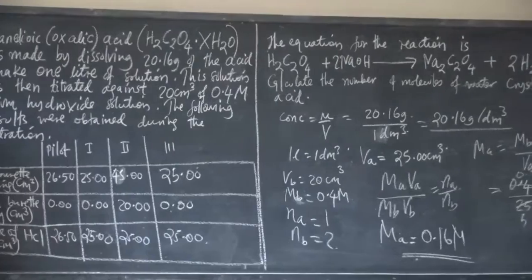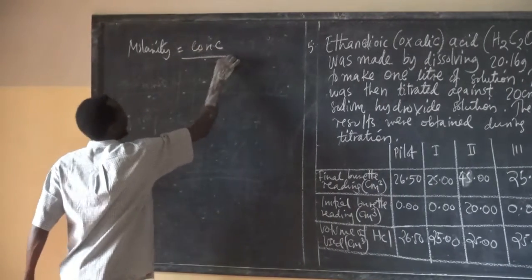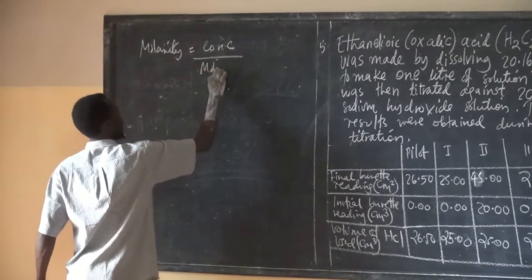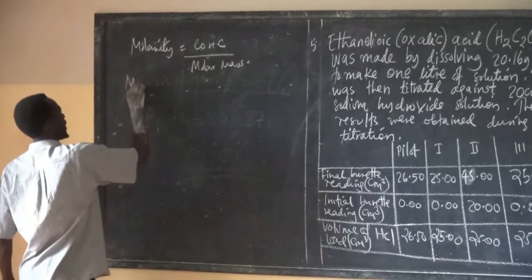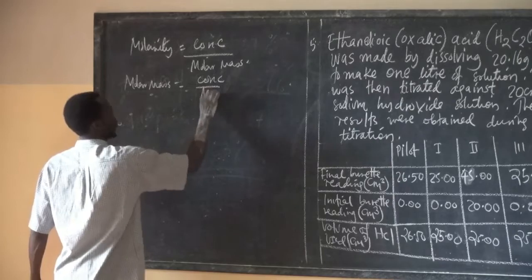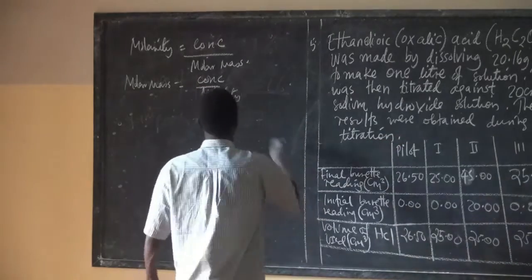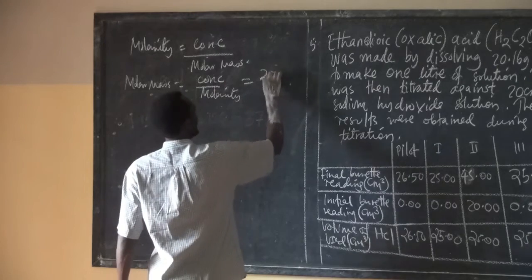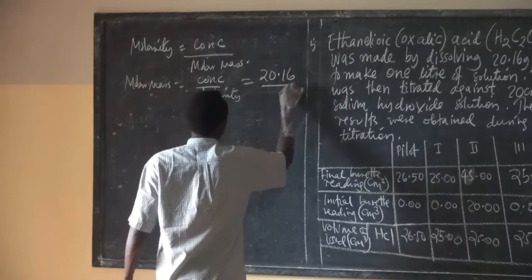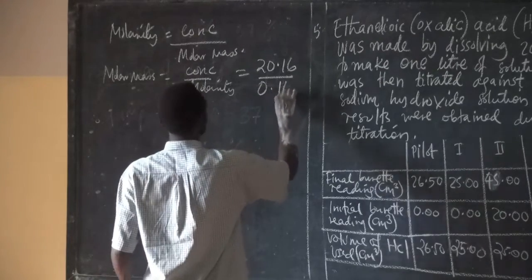Now from this molarity and concentration, we can determine the molar mass. Molarity is equal to concentration in gram per mole over molar mass. Therefore, molar mass is equal to concentration over molarity. Now the concentration we have got is 20.16, so 20.16 divided by molarity, which is equal to 0.16.